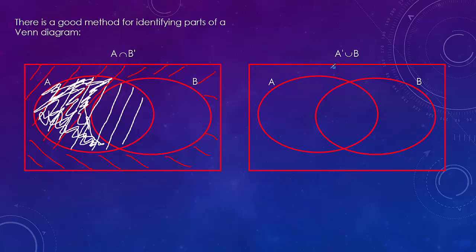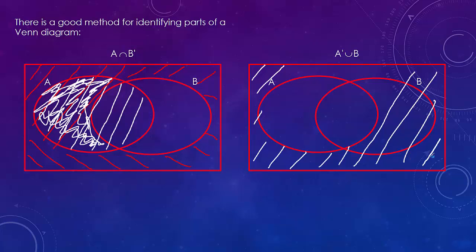Now, if we do the same sort of thing over here, not A union B, I'm going to start by shading not A. So that's the complement of A, everything around the outside of A, like so. Then I need to shade B, so that's everything inside B. It's a union.